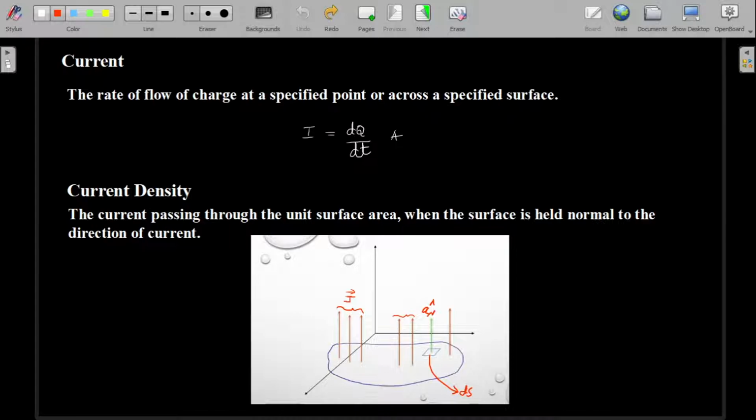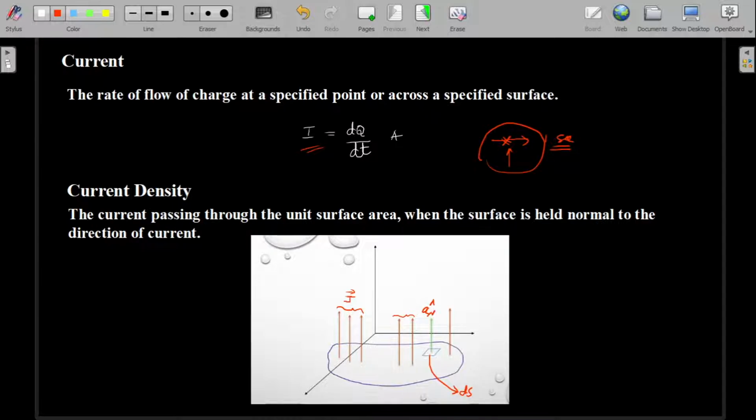To be more clear, you put some point on the path of current, maybe somewhere here. You are going to calculate how many charged particles have crossed this point in 1 second. If you can estimate that, then that much is my current. So how will I calculate this?